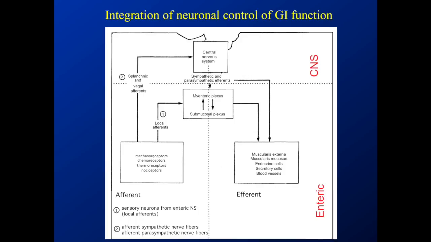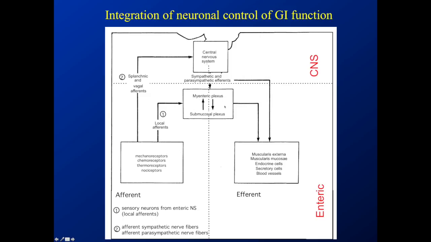This is a diagram that explains that in more detail. So you have mechanoreceptors, chemoreceptors, temperature receptors, and pain receptors that can send signals both to the central nervous system or just to the local afferents, the myenteric plexus and the submucosal plexus.